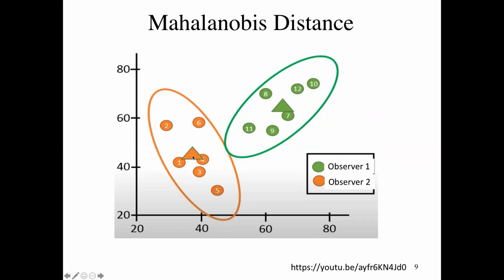This observer is sitting over here, the mean of this observer is over here, but you can characterize the variability of the two observers and come up with an average scaling of the coordinates in that direction. So that when I make a statement of how far apart observer 1 is from observer 2, say this is tumor size and this is tumor size.